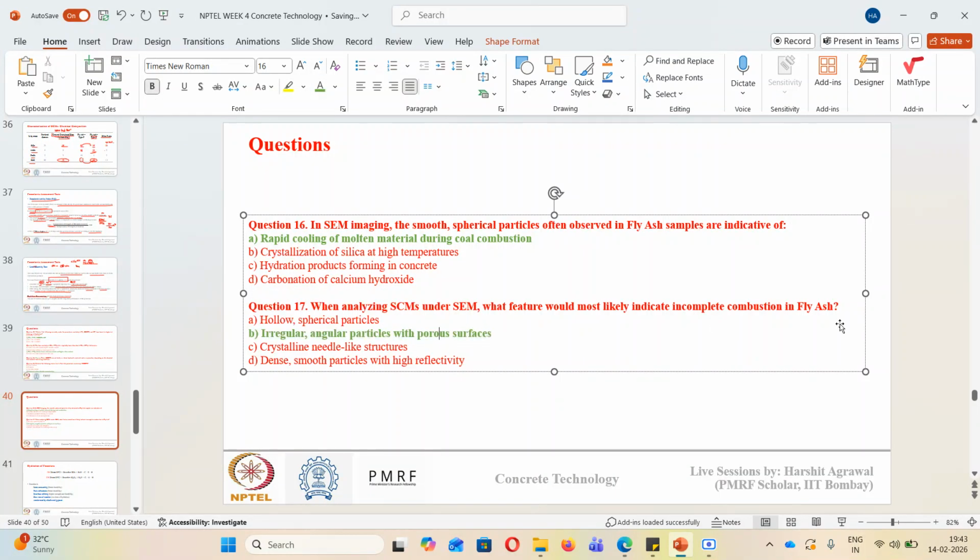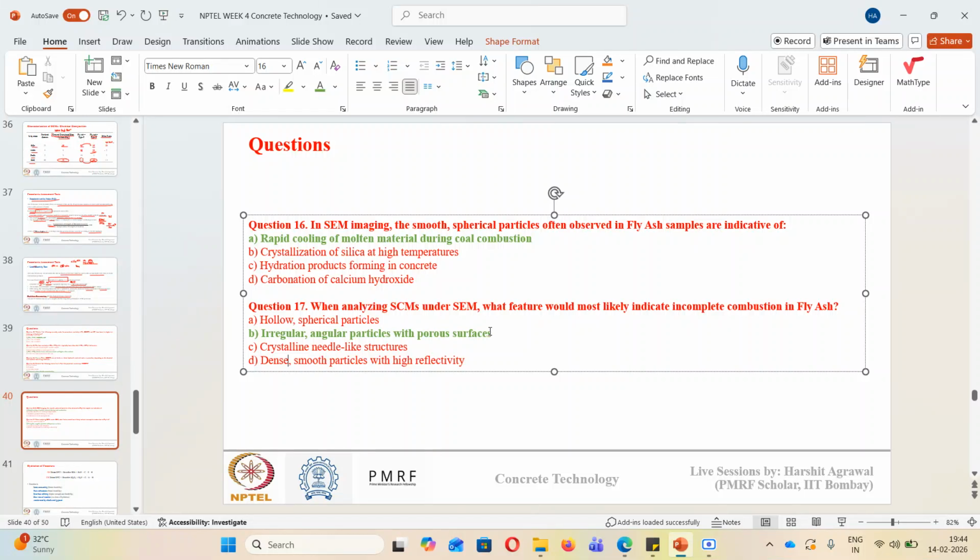Okay. So we know that fly ash particles are smooth and spherical in nature. But if we are observing irregular angular particles under SEM, we can say that there is presence of unburned carbon residues, and these unburned carbon residues have irregular shape. These are porous and irregular in nature.